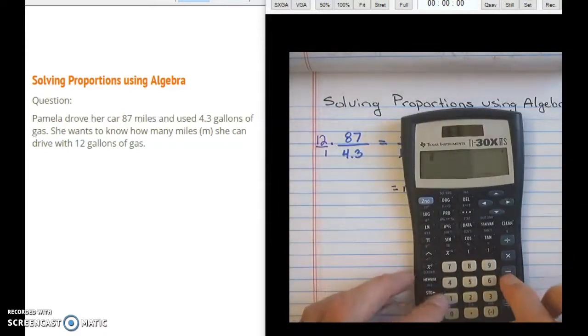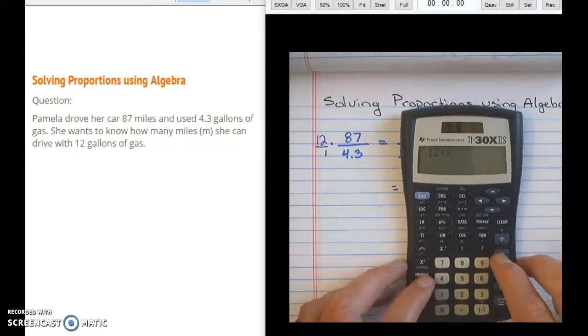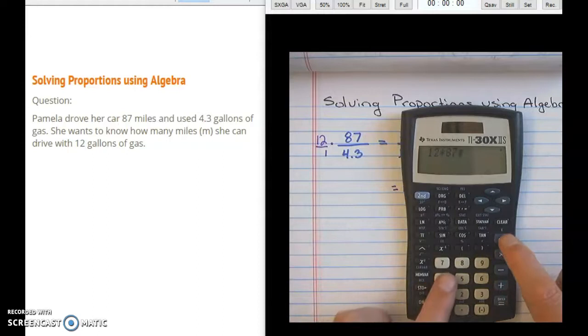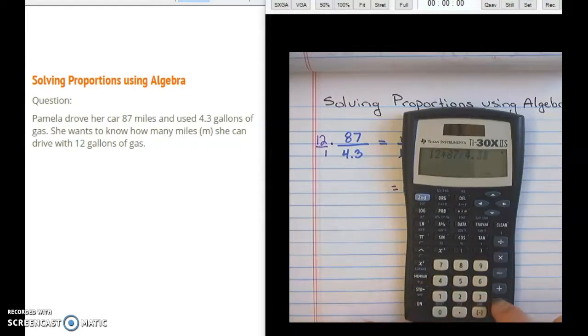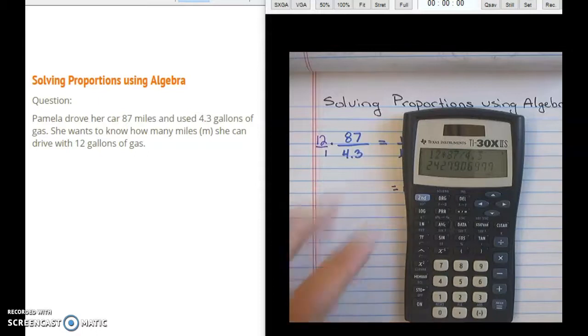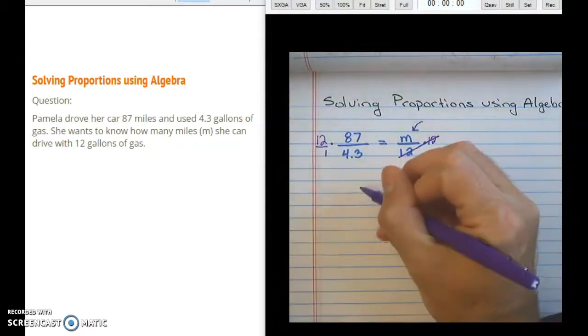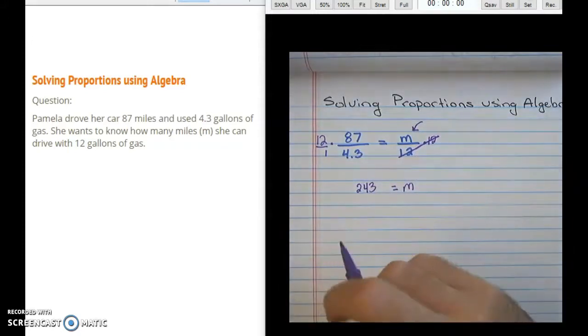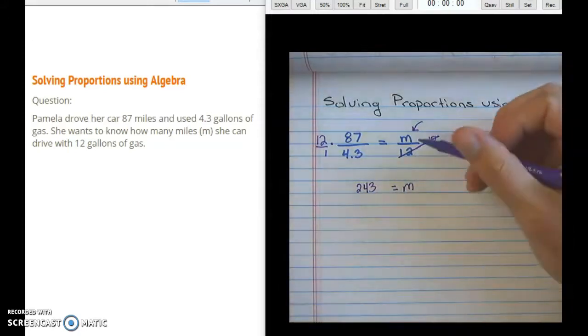I'm going to take 12 times 87, and then divide by 4.3, and it tells us our answer is 242.79. We'll round that to the nearest mile and say 243 miles. So if she had 12 gallons of gas and it was proportional, she could go 243 miles on 12 gallons of gas.